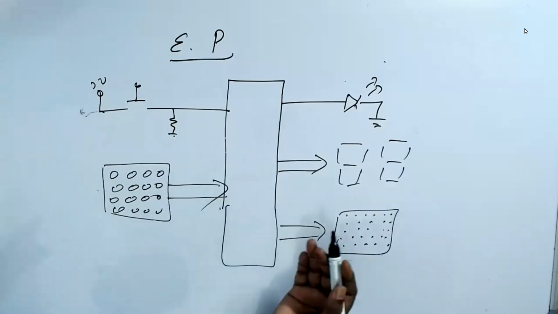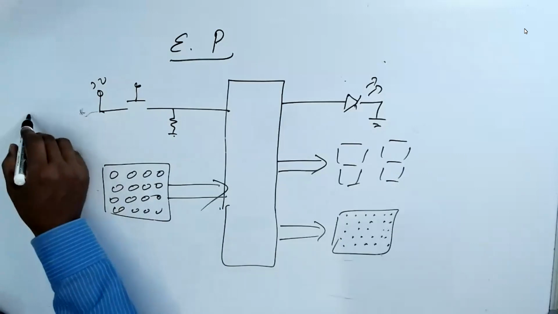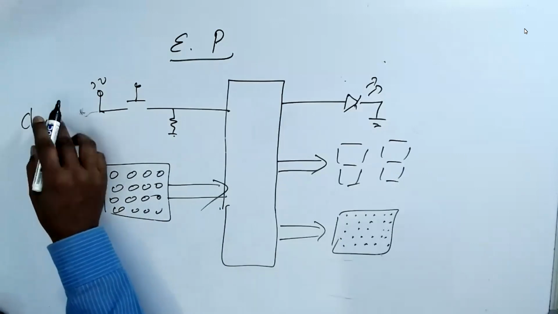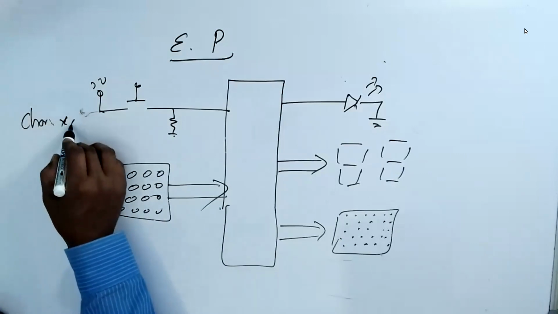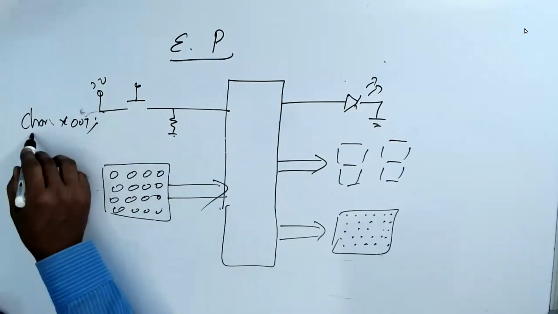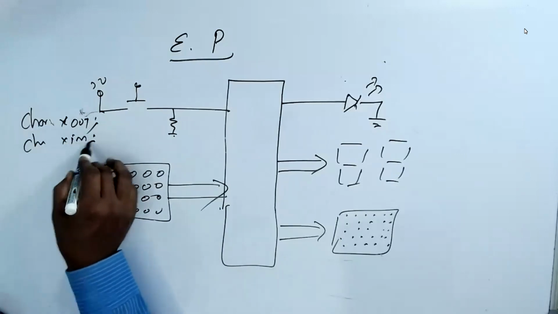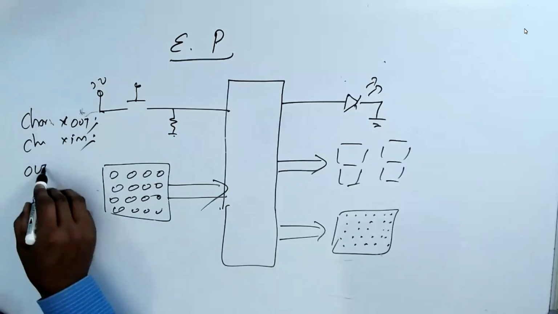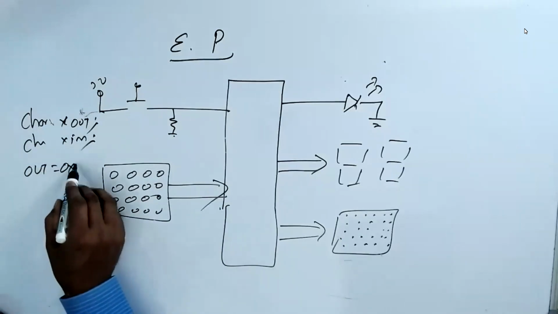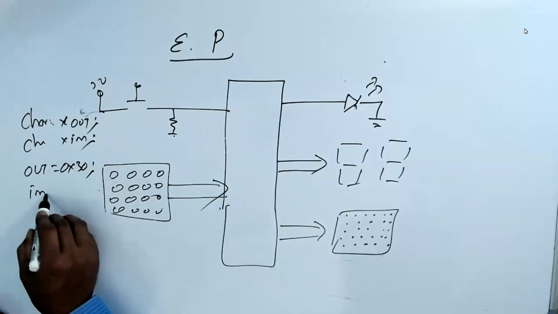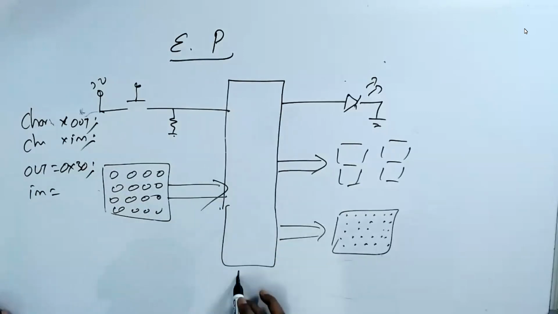We were directly writing a program using star out or star in. Using that, we say out is equal to some address, in is equal to some address, based on the microcontroller you are using.